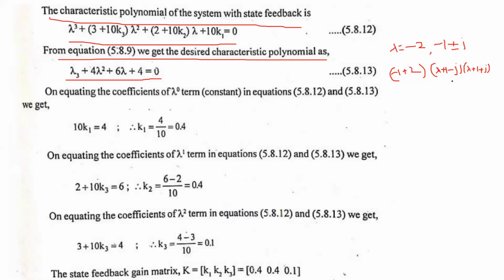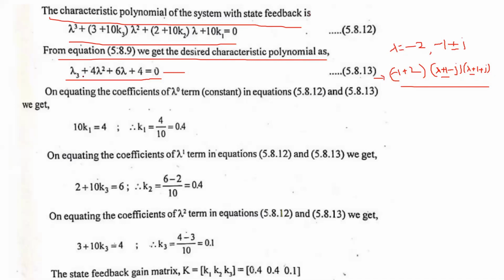When I do this, it is like (a plus b) into (a minus b), so a square minus b square, and I will get lambda square plus 2 lambda plus 1, again plus 1, which gives 2 lambda plus 2. When I multiply all the factors, I will get the expression like this.